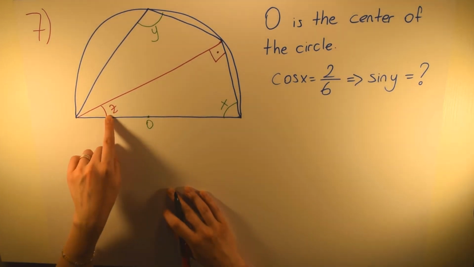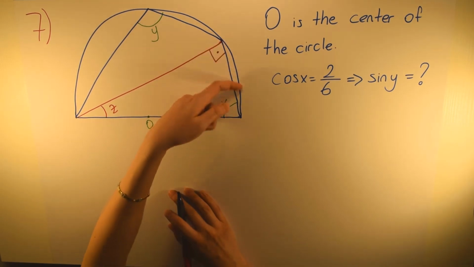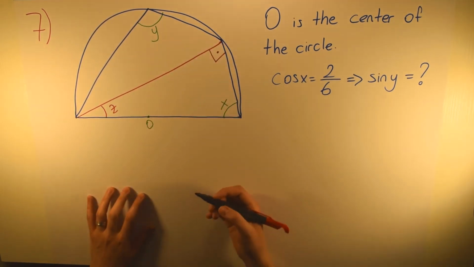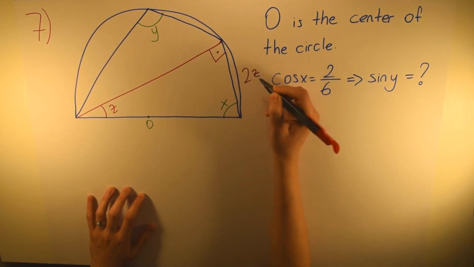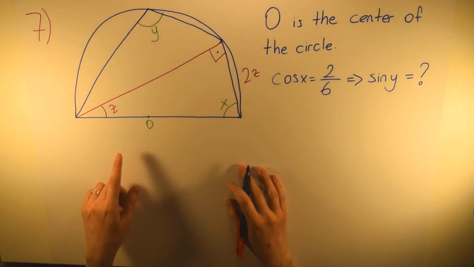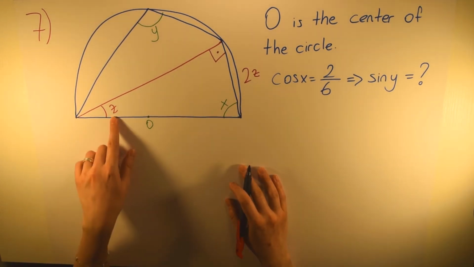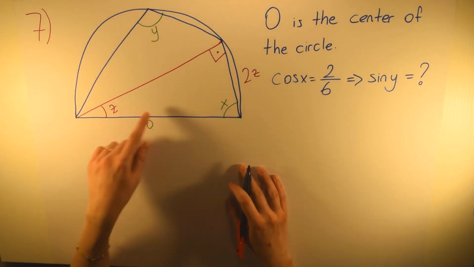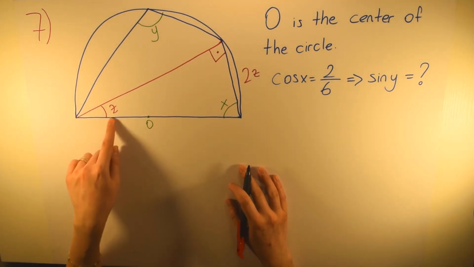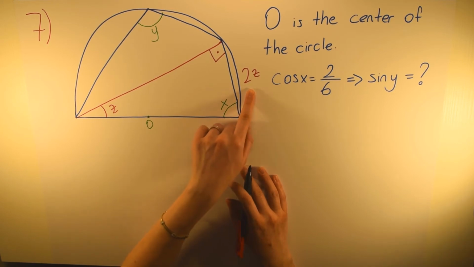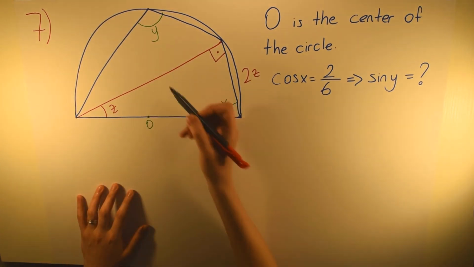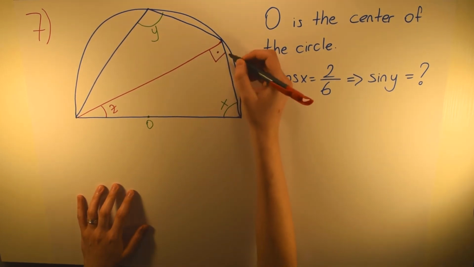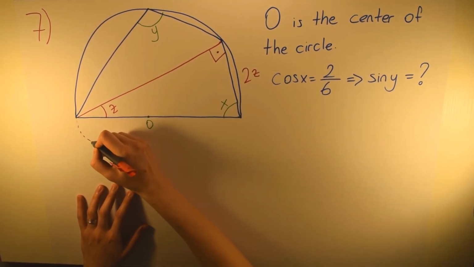Since this angle sees this arc, its length is equal to 2z, right? This is another rule from circles. So if this angle is equal to z, the arc length that this angle sees is equal to 2 times this angle, which here is equal to 2z.